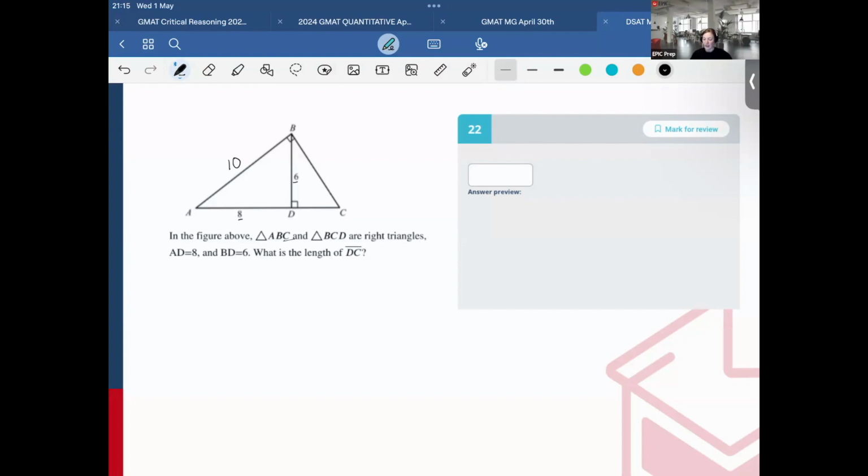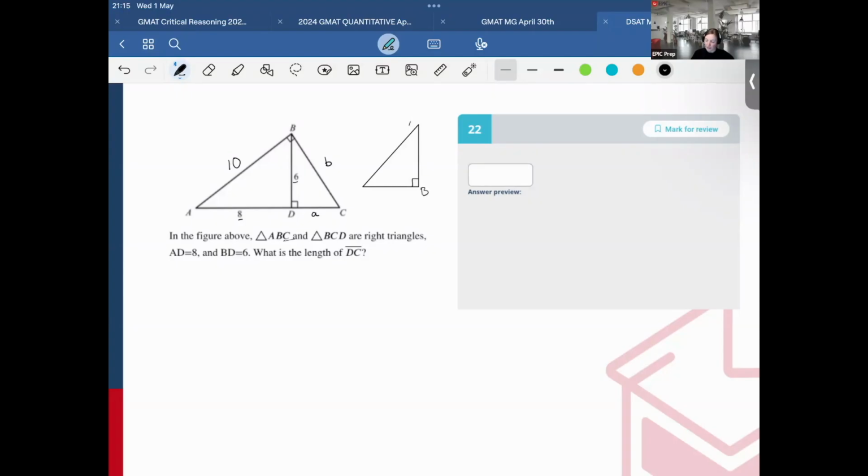And I need to get the length of DC. I'm going to label this A and this B, just to show. For these problems, you want to think about flipping the triangle. Let's see what happens if I invert triangle ABC.